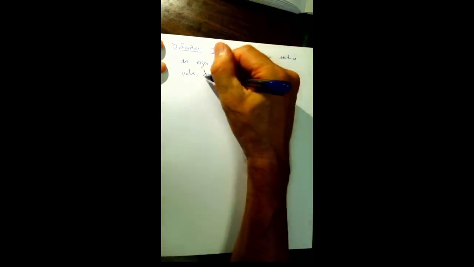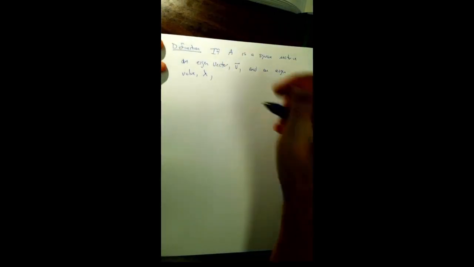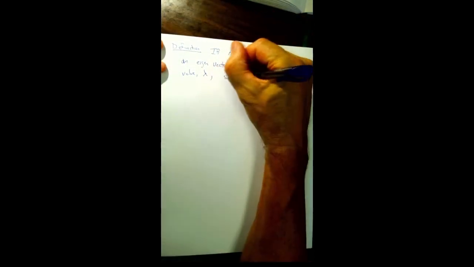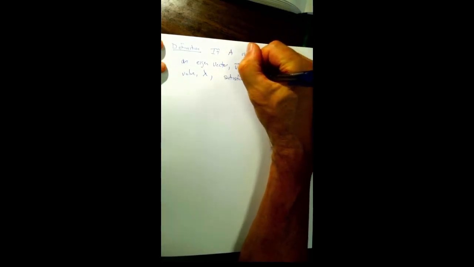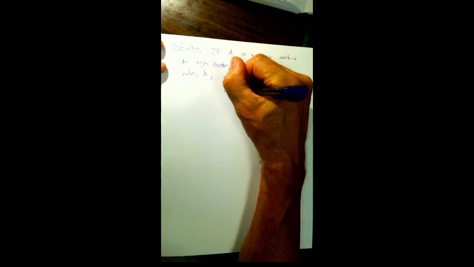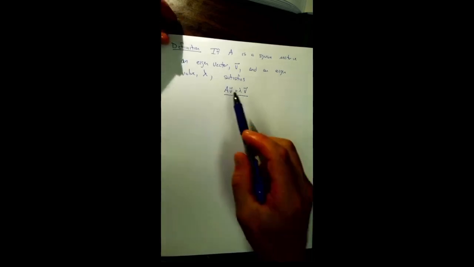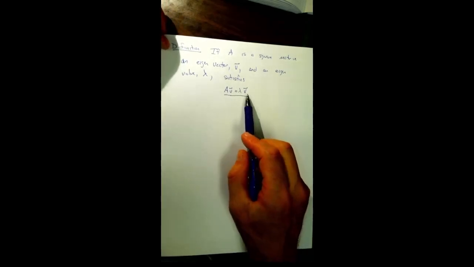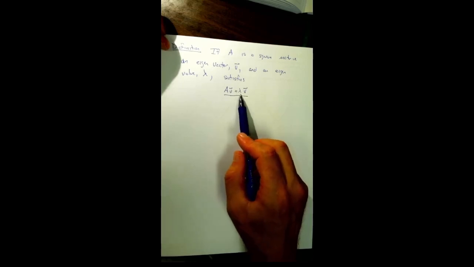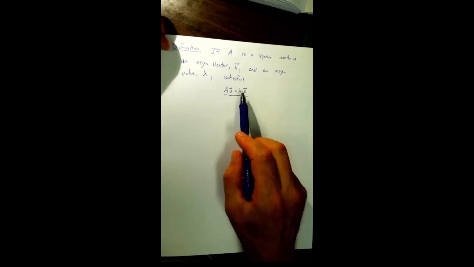So this is a vector, this is a scalar. And what makes these things eigenvectors and eigenvalues is that they satisfy this relationship. And all this is saying is if I take A times the vector, what I get back is pointing basically in the same direction or the opposite direction, and it gets scaled depending on what lambda is.